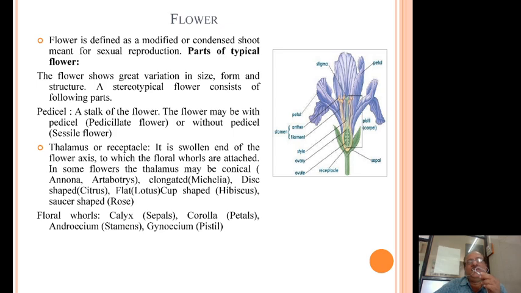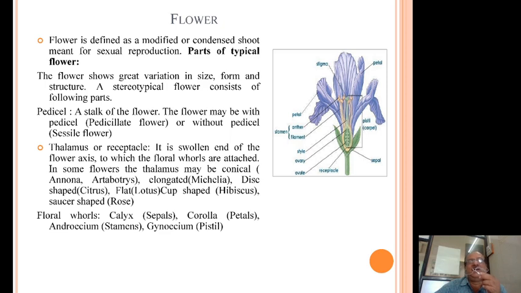Starting with the first, that is the pedicel or the stalk of the flower. Now, pedicel or the stalk of the flower is the part which connects or which holds the flower on the stem or the peduncle. So, in some cases, you have the peduncle, or in some cases, the peduncle might be divided, you have the rachis.